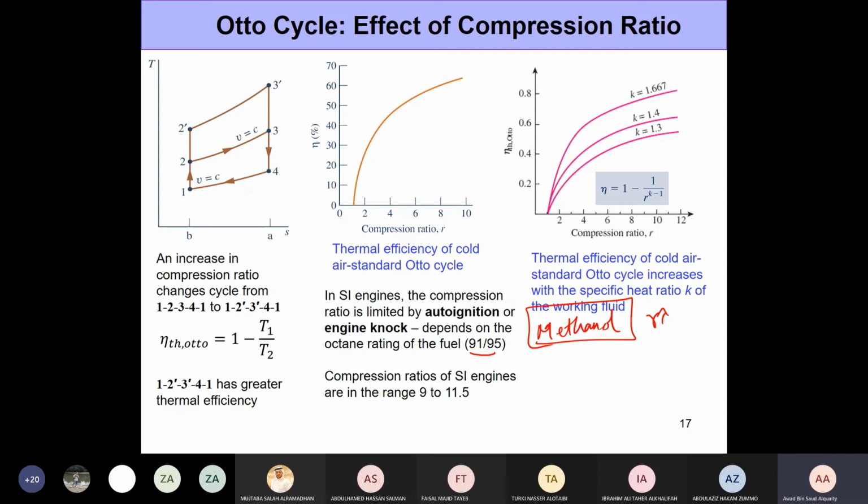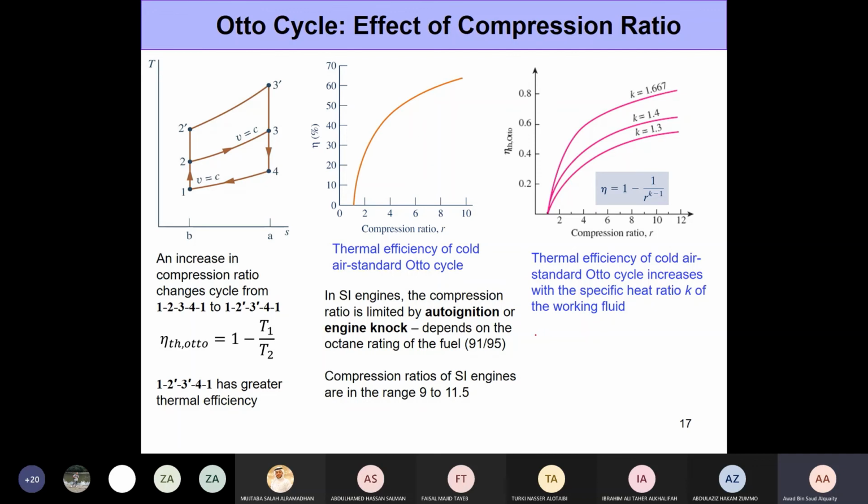This is one disadvantage, apart from the fact that it also damages some of the components within your present engine. So you have to modify the engine and the fuel piping a bit. There are disadvantages, but yes, methanol is becoming very popular in China because they can create methanol from a lot of waste resources. And yes, it makes sense.